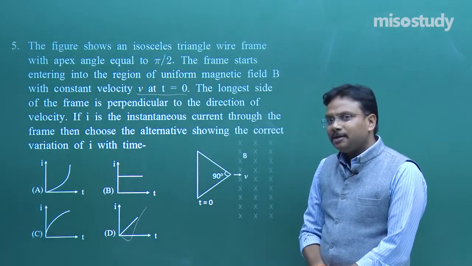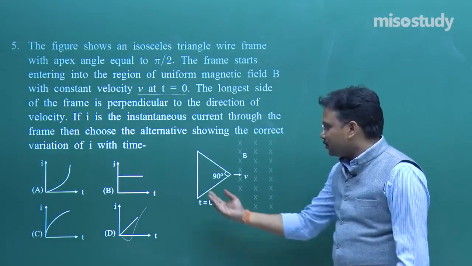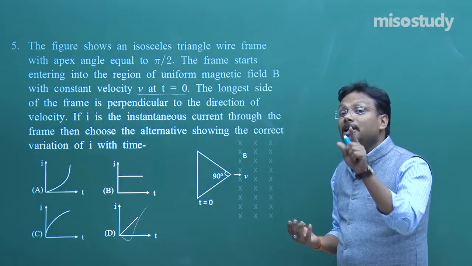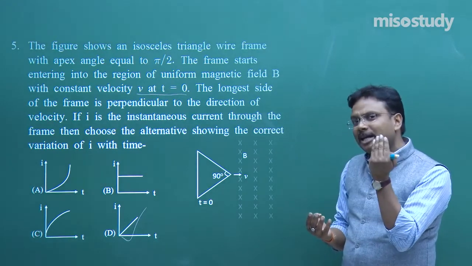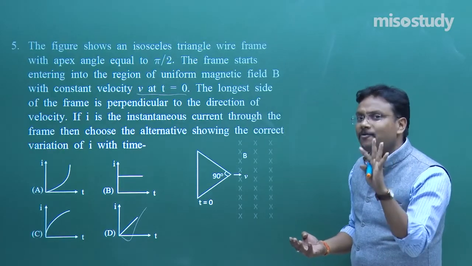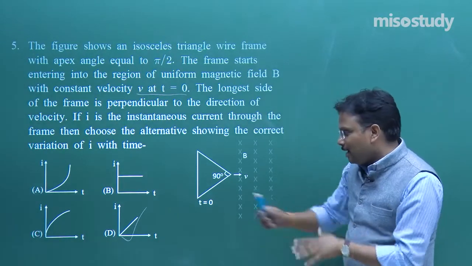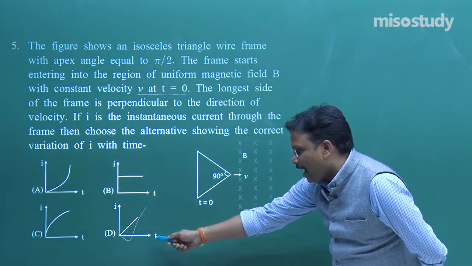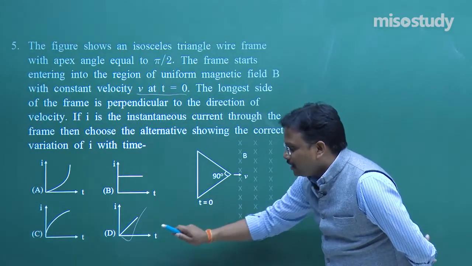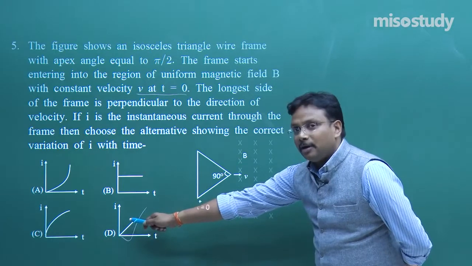Velocity is constant, uniform variation in the area. Uniform variation in the area means induced EMF will uniformly increase. More the area inside, more the induced EMF, so more the current. So the direct relation is: as the wire loop keeps on entering, with increment in time, the current will increase.